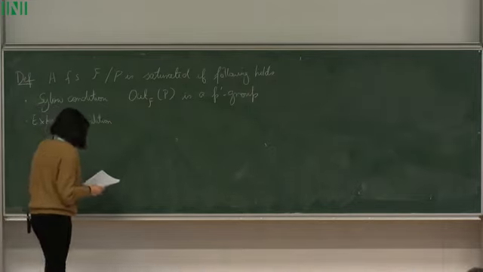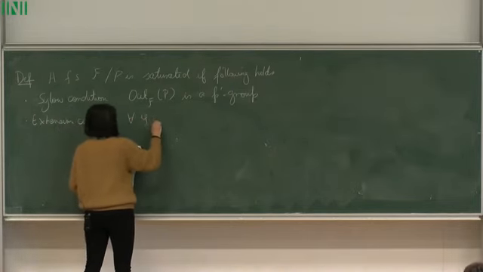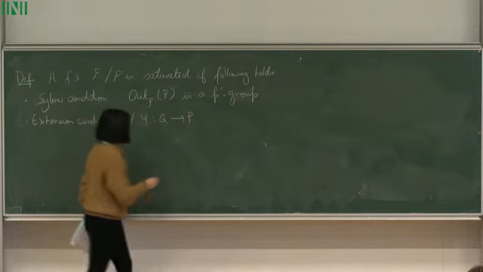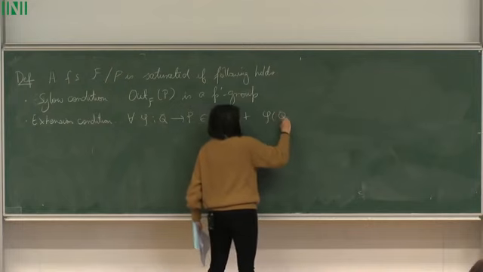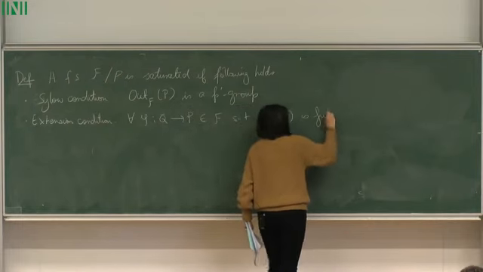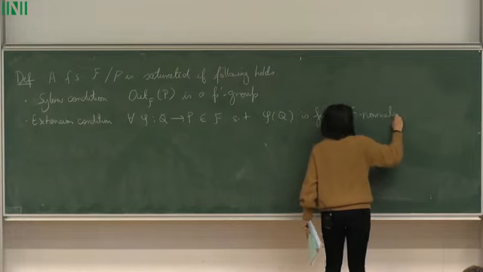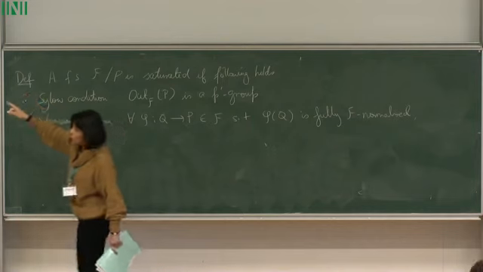Which says that for every morphism φ from Q, which we might as well think of as ending in P, inside F, such that φ(Q) is fully F-normalized, this φ extends to N_φ.